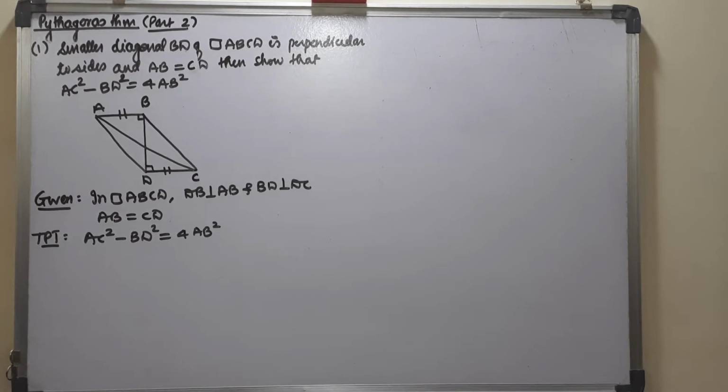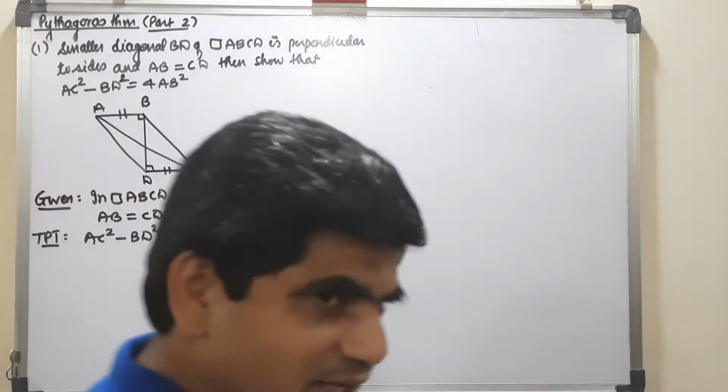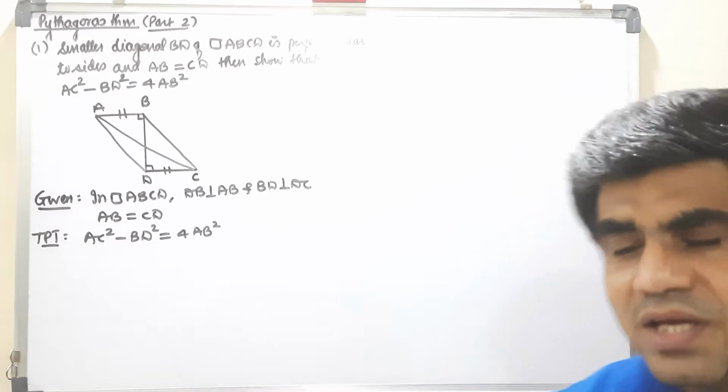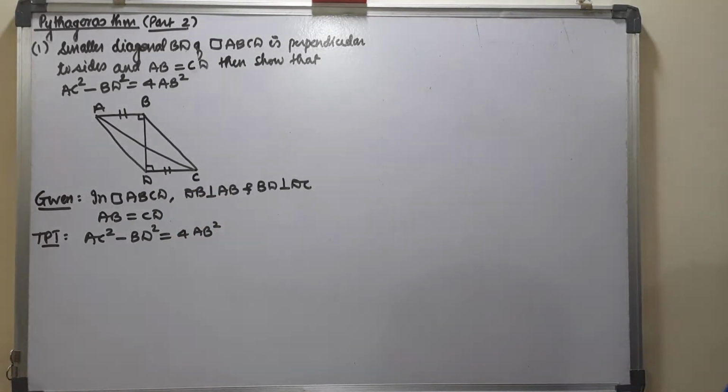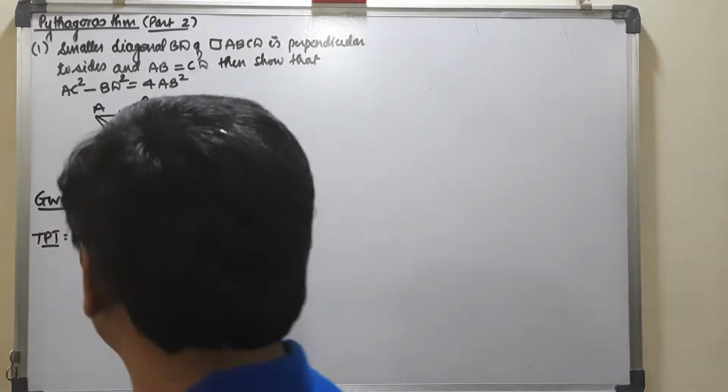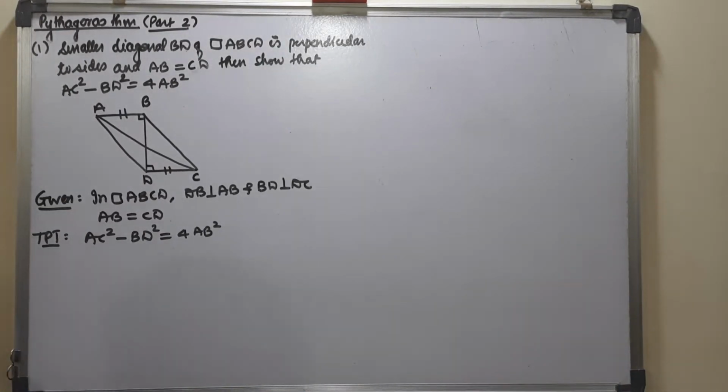Now the question that arises in my mind is, why is AB given equal to CD? The first important thing is that AC and BD are diagonals which are expected to be related with the side.